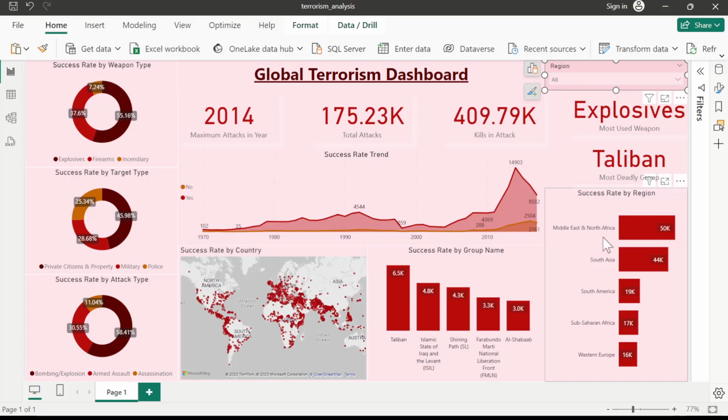As you see, Middle East and South America are at the highest on the list. And the success rate by the group name, which I created using the column chart, shows Taliban and ISIL are the highest groups involved in the attacks. And the last one I created is the map to show the overall success rate by the country.